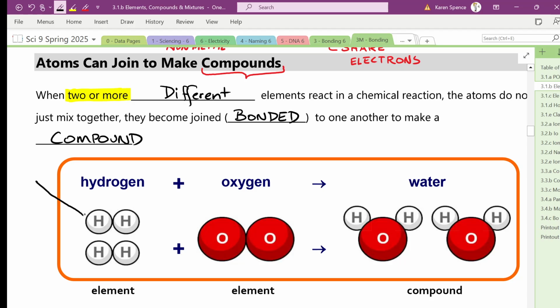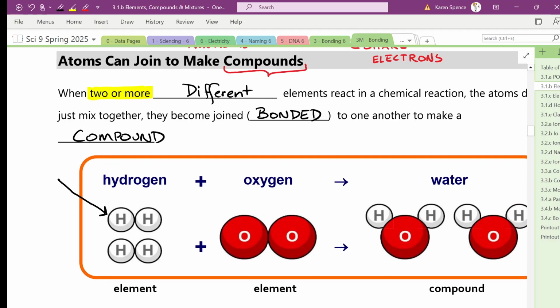So this little beast right here, this H bonded to an H, is that a molecule? This little one right here, is that yellow one a molecule? Yes. So we can say molecule. Is it a compound?